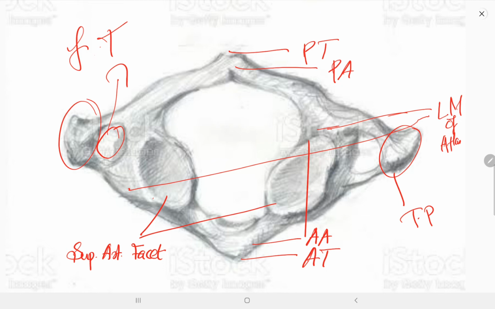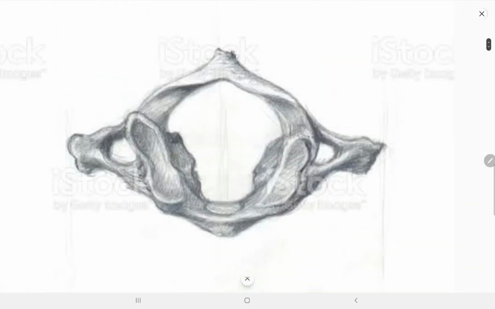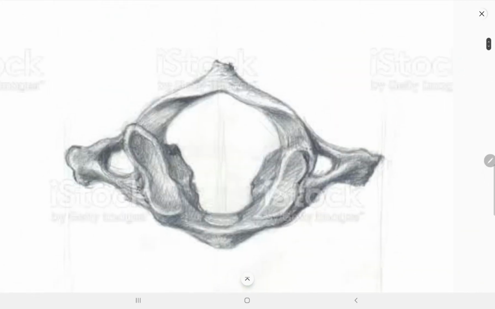Here I explained about this foramen transversarium. Due to the presence of foramen transversarium in the transverse process, the cervical vertebra is extremely different from other vertebra in our human body.